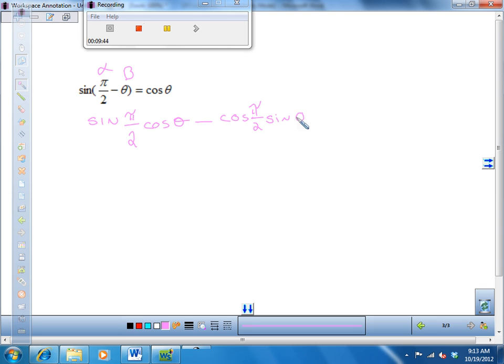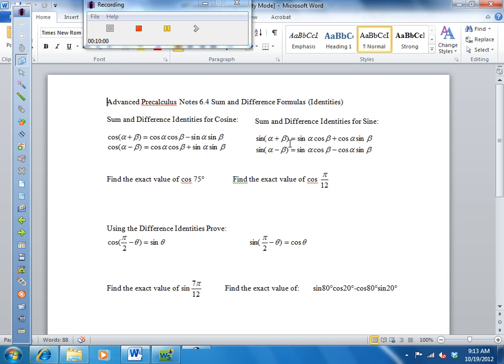Got it? Yeah, this one is sine of A minus B, which is sine cosine minus cosine sine. Sine alpha minus beta, sine alpha cosine beta. It's right there. That's the formula I'm using.